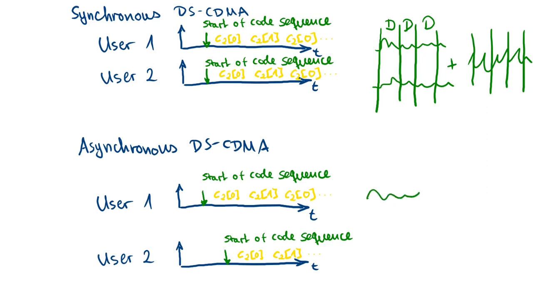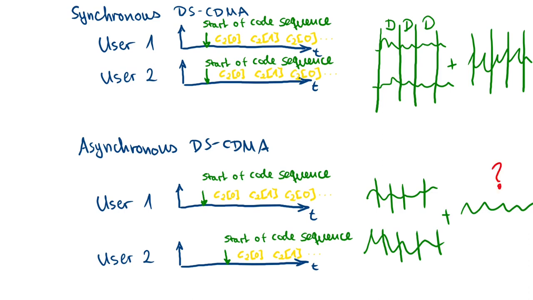And here the users are not synchronized, and if both signals overlap, then the receiver has no pre-knowledge about when the user actually started the transmission.